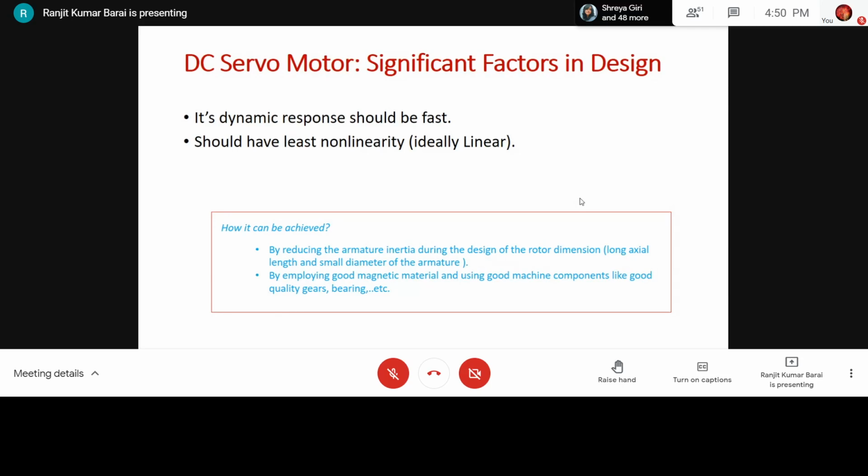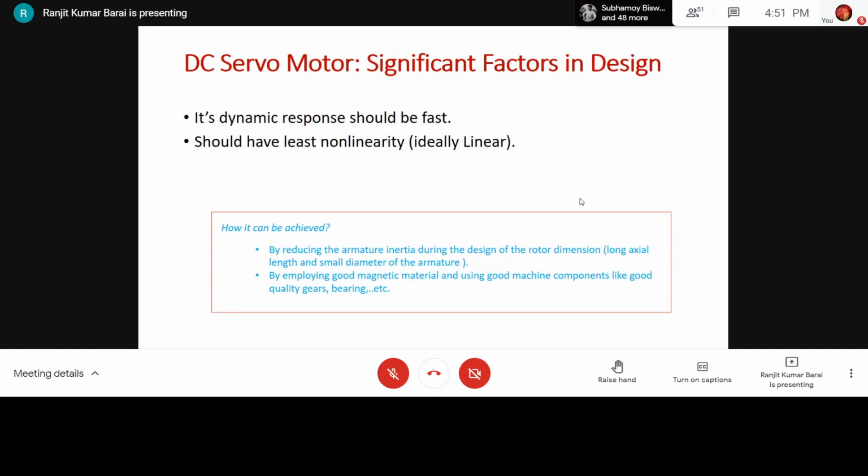Okay, next point, how to reduce the nonlinearity? As we are using a good amount of magnetic material, and you know that the nonlinearity of magnetic material lies in its hysteresis characteristics, you must select a suitable type of magnetic material in your design.